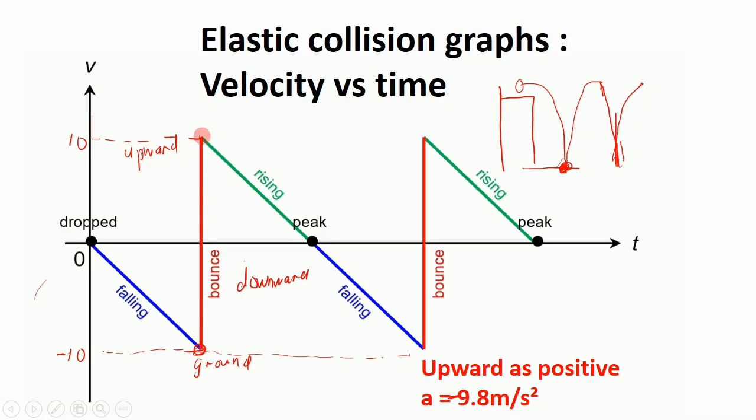Now after bouncing off, it rises and goes to the maximum height where the velocity is 0. Then it crosses the x-axis line, meaning it's now going down. After reaching the maximum height, it goes down. As it goes down, the velocity is increasing until it reaches the ground again. When it reaches the ground, it bounces up.